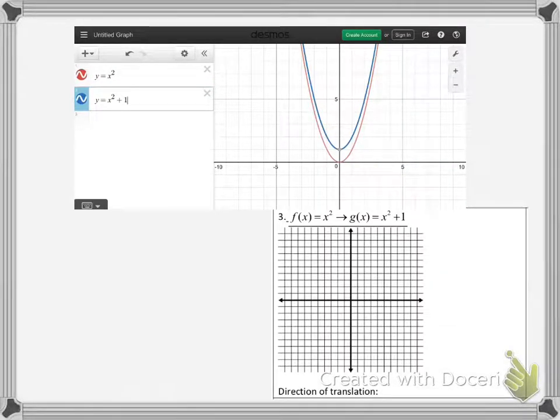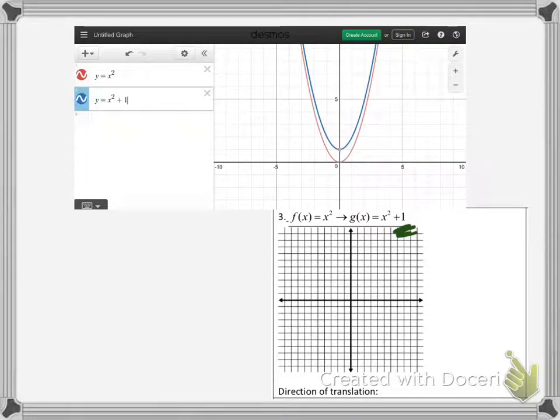However, when you're dealing with translation in y, it works about like what you'd expect. Translations in the horizontal or the x direction happen inside that parentheses with the x. But anything that affects y happens just at the end.